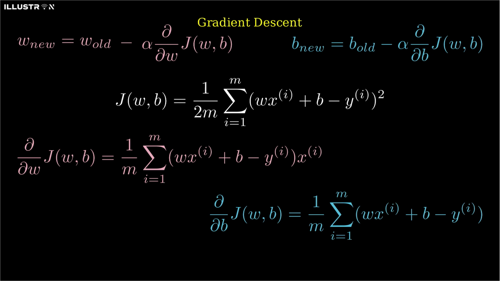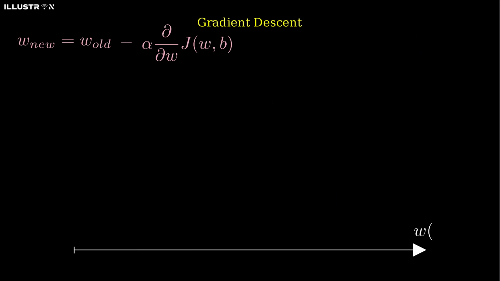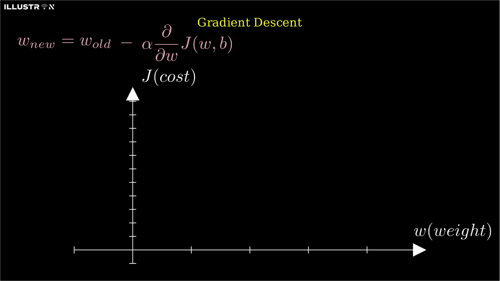We differentiate by reducing the power and multiplying it by the function and multiplying by the derivative of b, which is 1. Now that we have the derivatives, we can update the weights and bias using the gradient descent update rules.